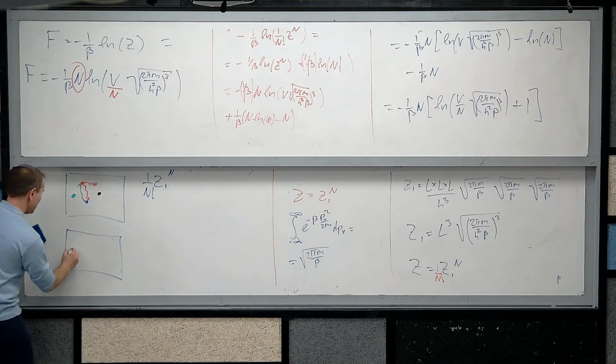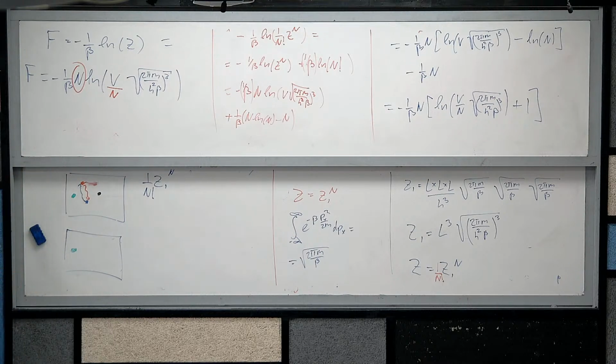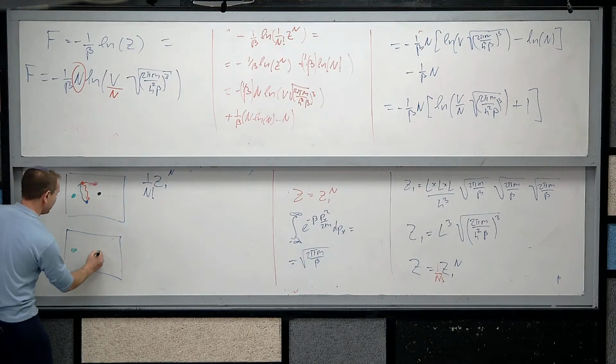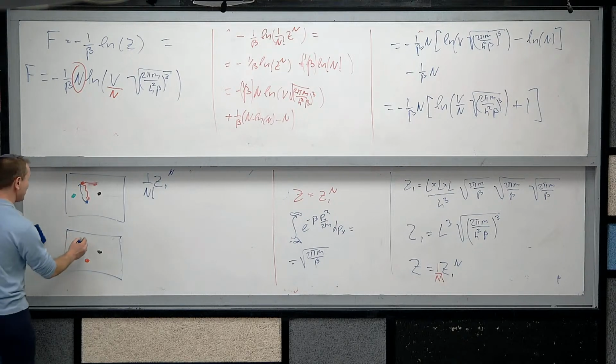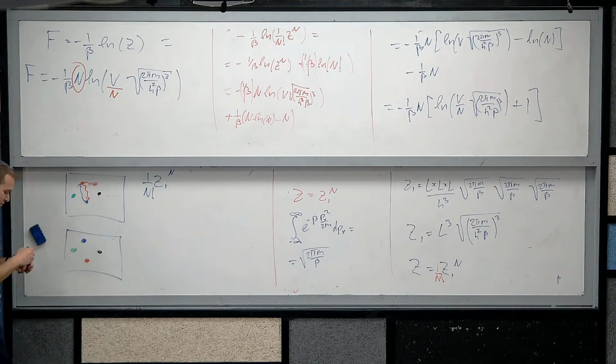Green stays over here, black stays over here, red goes downwards, and blue goes upwards. You look at this, and you tell me, is this the same picture or not? It's different. So if it's different, I have to count it twice.